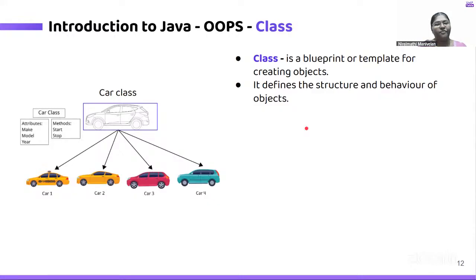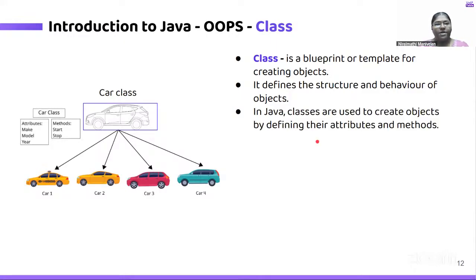For example, if you have one set of behaviors, your children will replicate your behavior, correct? Consider you are a class, your children are the objects of the parent class. Then in Java, classes are used to create objects by defining their attributes and methods.